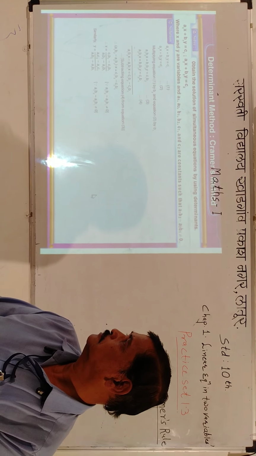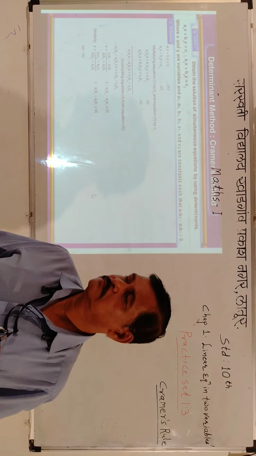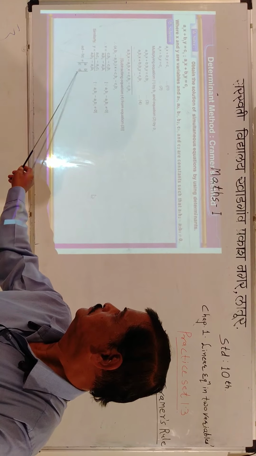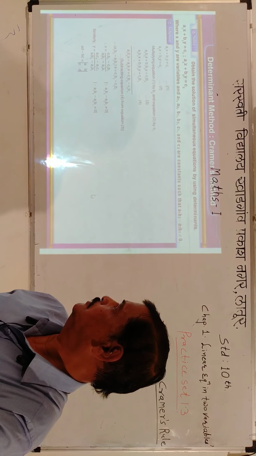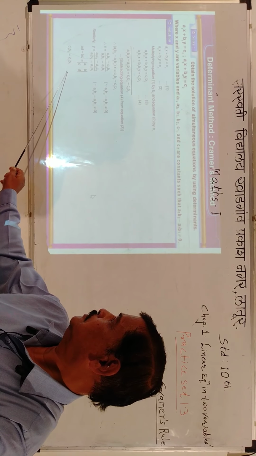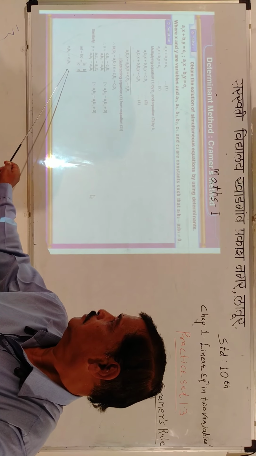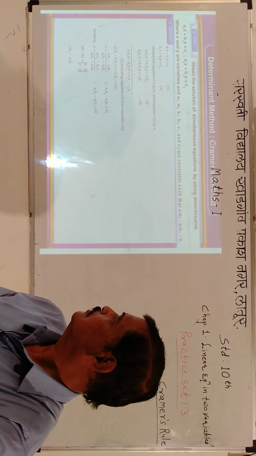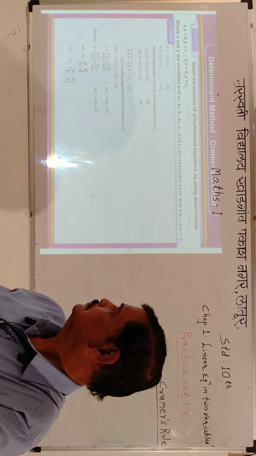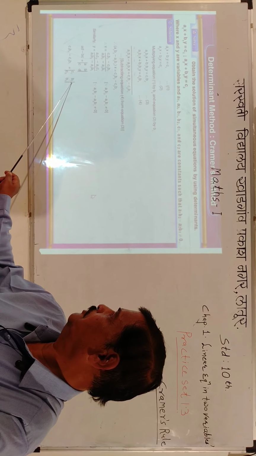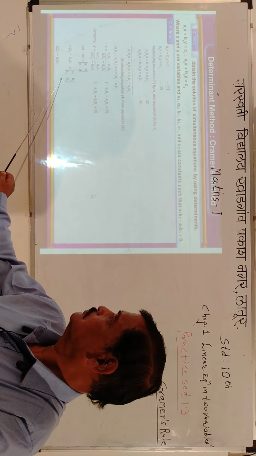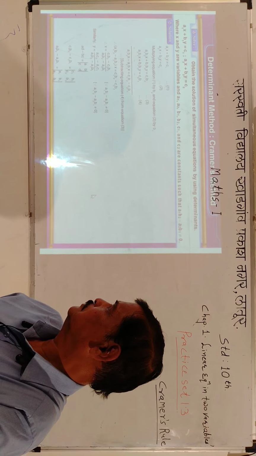We know that the value AD minus BC can be represented in the form of determinant as shown. How do we show C1B2 minus C2B1 in the form of a determinant? The determinant form of C1B2 minus C2B1 is as shown here. In the same way, determinant form of A1B2 minus A2B1 can be written as shown here.